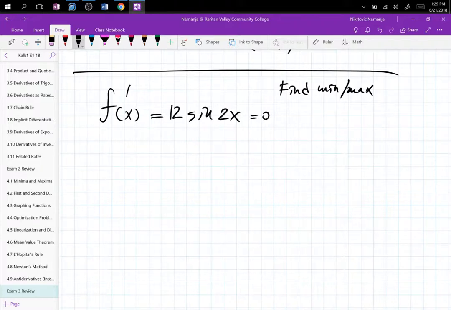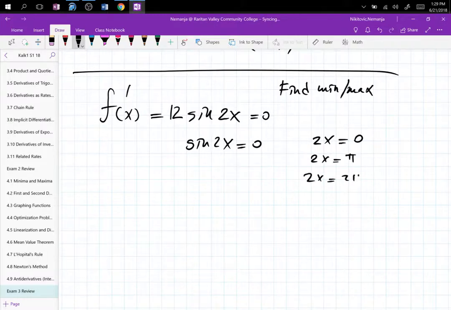You are going to get your 0, pi over 2, pi, and so on. From that point on, you will be able to solve. So you are solving equation sine 2x equals 0, from where 2x is equal to 0, 2x is equal to pi, 2x is equal to 2 pi, and so on, because sine is 0 at all of those values.